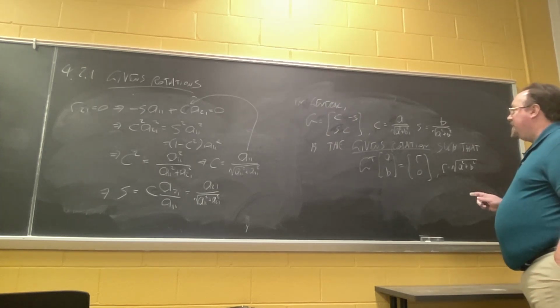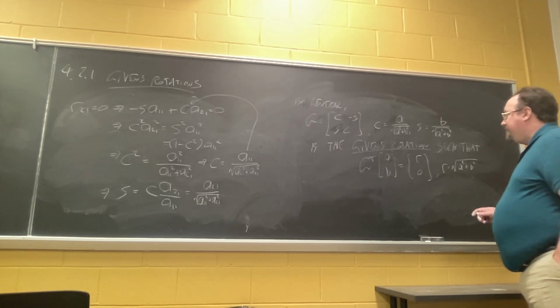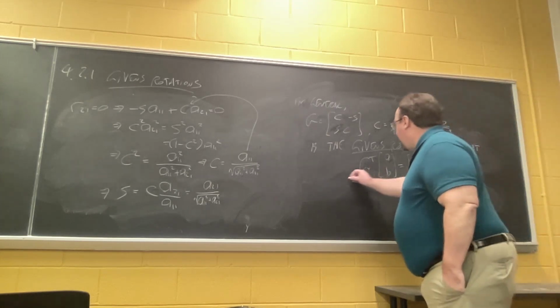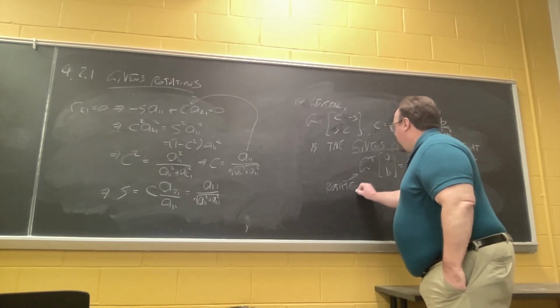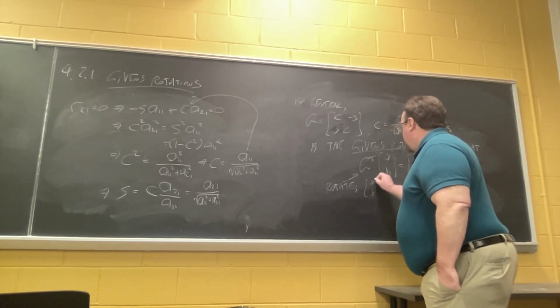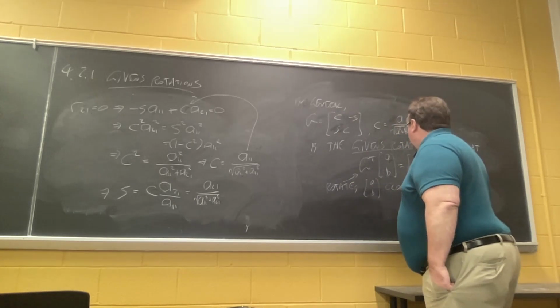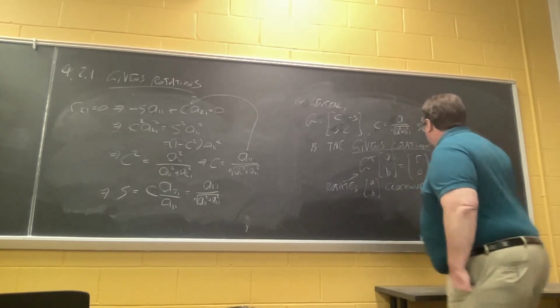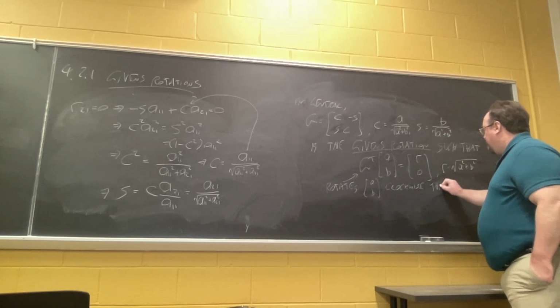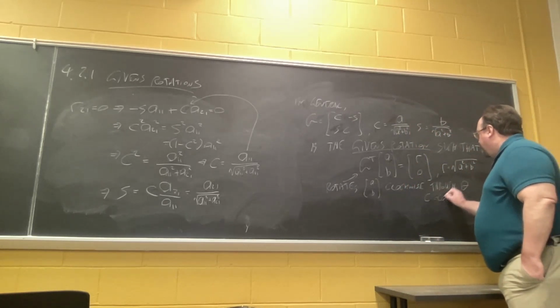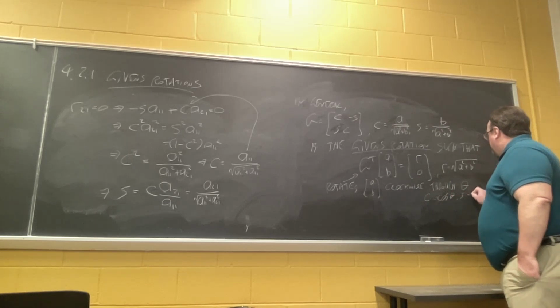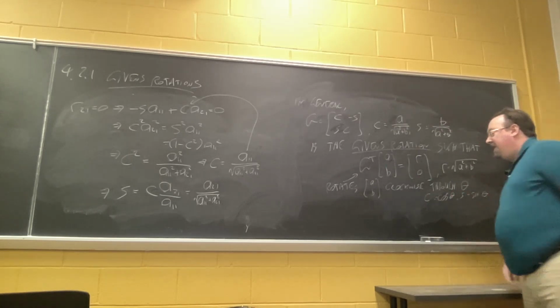Now, geometrically, what this rotation does is it rotates vector AB clockwise through an angle theta such that C is equal to cosine theta, S is equal to sine theta.